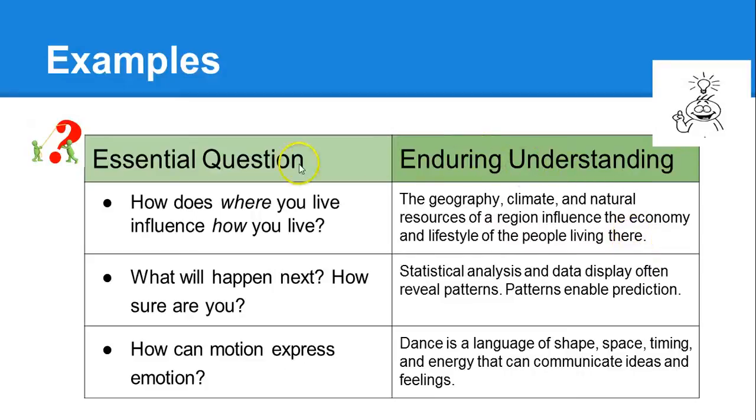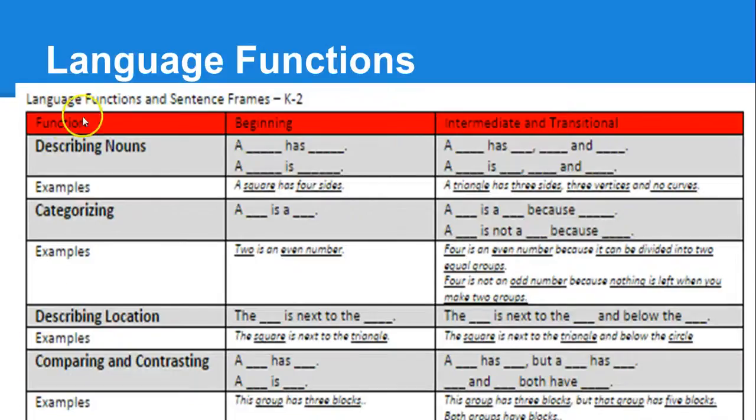Now, what we will do in the units is that we will help students to phrase their enduring understanding at a level that matches their proficiency level as well. To do so, we've worked with language functions. These are language functions that are based on cognitive levels of thinking.